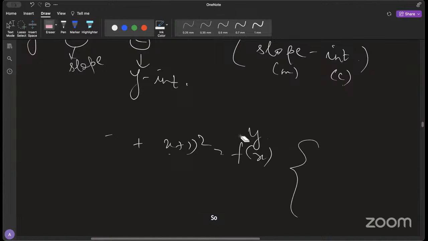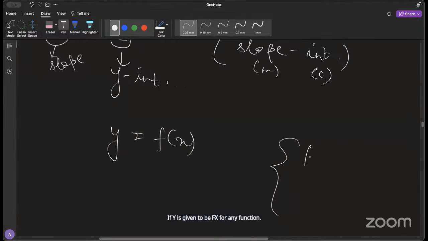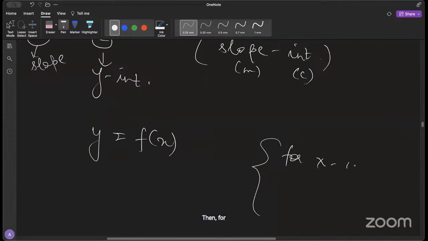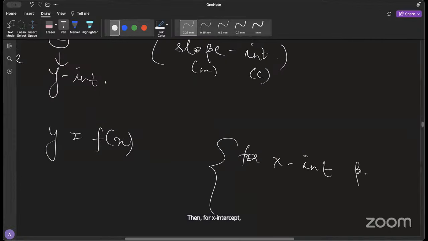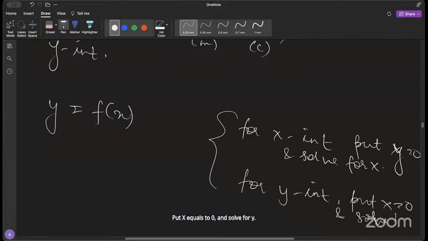So if I were to write it in general, this is how I'd put it. If y is given to be f(x) for any function, then for x-intercept, put y equals to 0 and solve for x. That x would be your x-intercept, and for y-intercept, put x equals to 0 and solve for y.